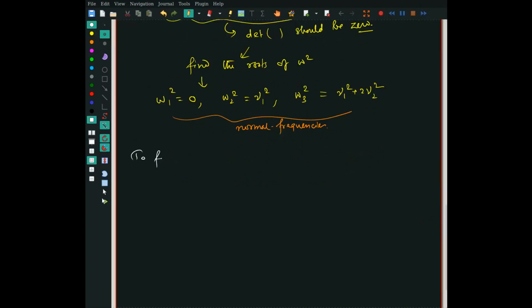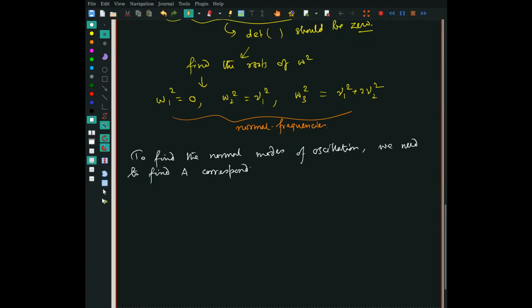To find the normal modes of oscillation, we need to find A corresponding to each omega i square.